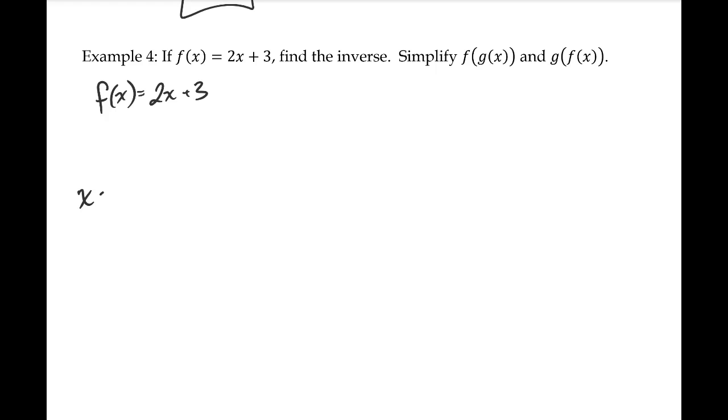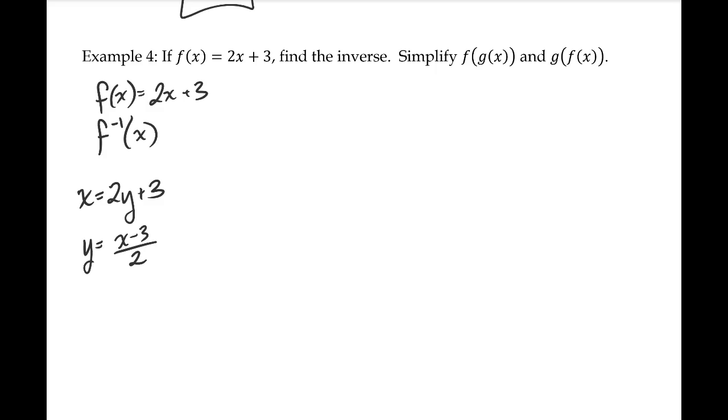So I'd go x equals 2y plus 3, and then isolate y again. So that would end up being y equals x minus 3 divided by 2. And so that would be my inverse.